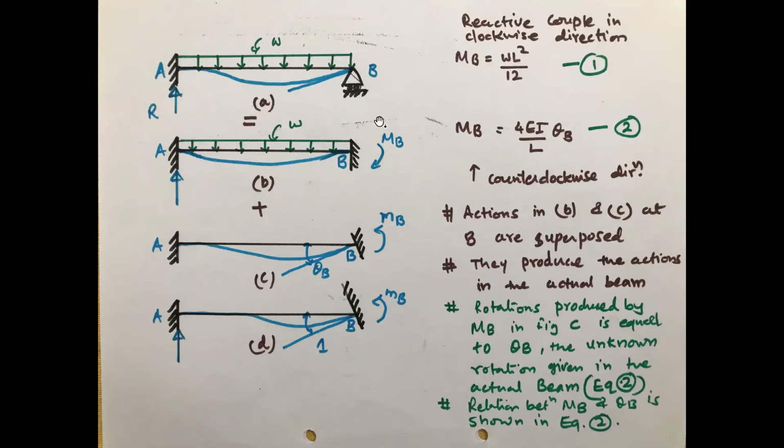If you apply a moment in the opposite direction, it will create rotation, because here there is no rotation, and that satisfies the criteria of the original beam.